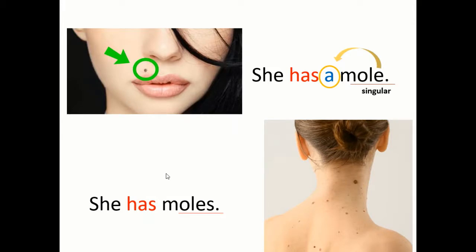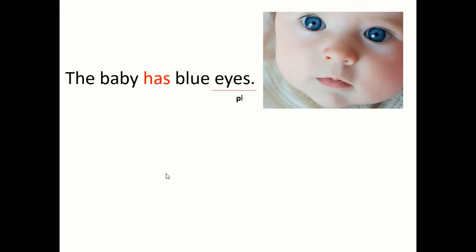And in the other sentence, where the noun is plural, there is no need of article. Let's see one last example. What can we say about this baby's eyes? The baby has blue eyes. As you can see, since the noun is plural, there is no need of article.